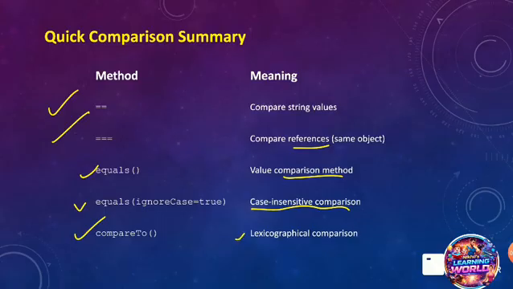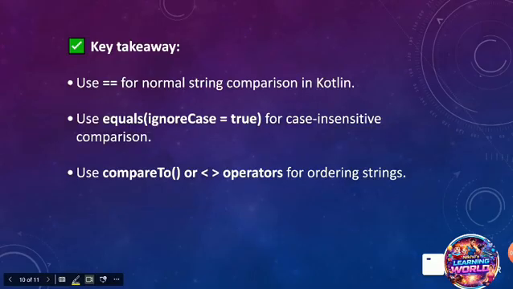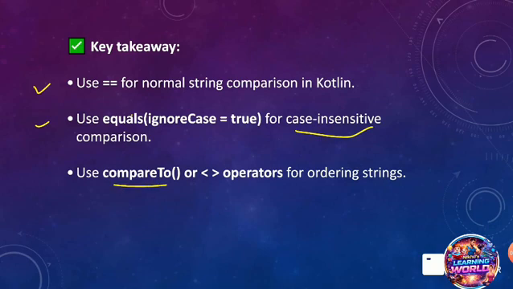And compareTo is a function with which we can directly compare values. So the key points are: we can use double equals for string comparison in Kotlin, or we can use the predefined equals function, and compareTo works the same way as the comparison operators for comparing strings.